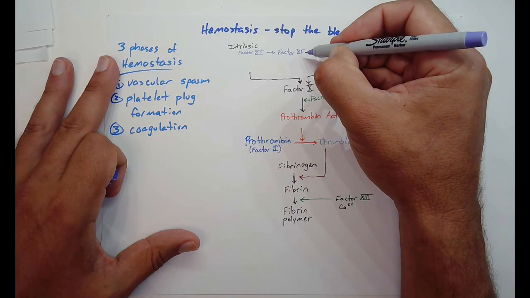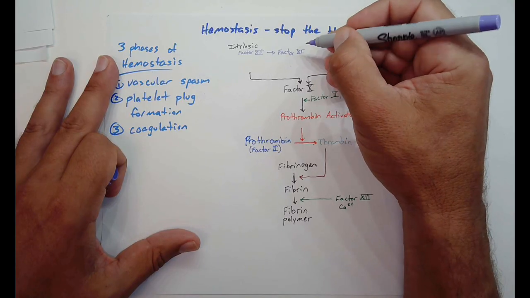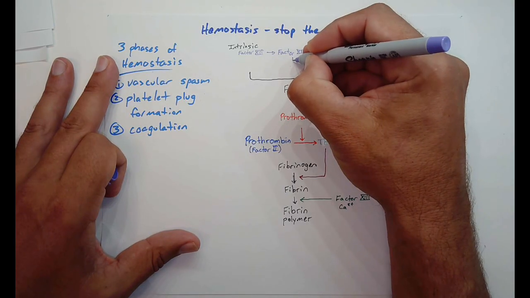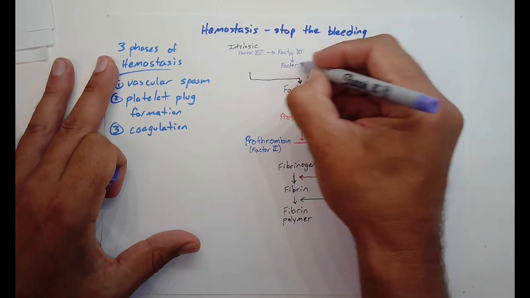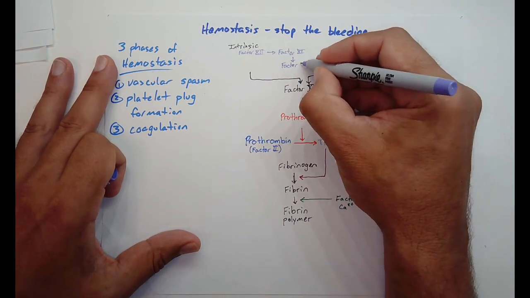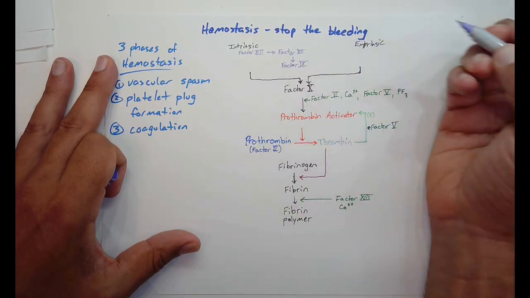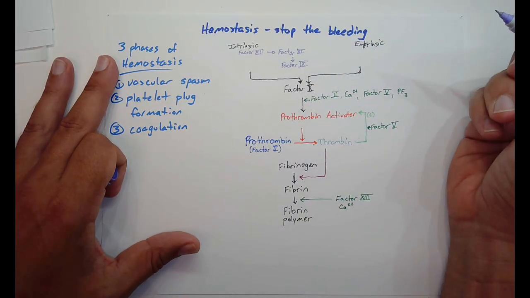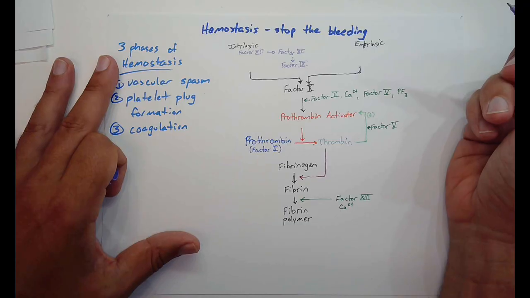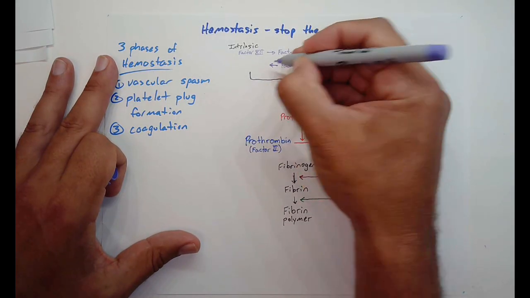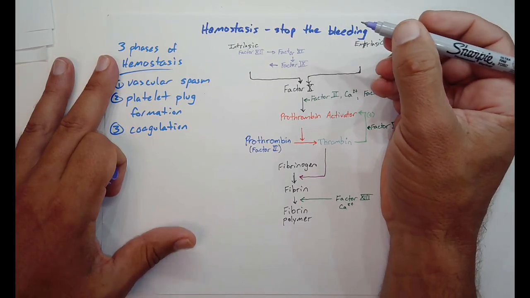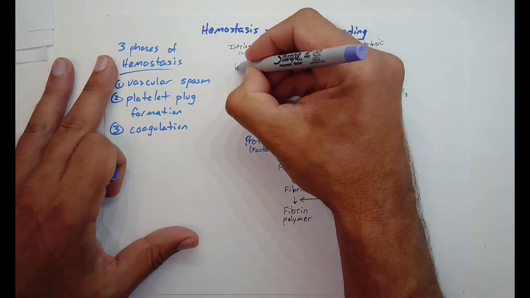Factor 11 is going to go on to activate factor 9. Factor 9 is also known as the anti-hemophilic factor B, or the Christmas factor. And factor 9 is going to activate factor 8.